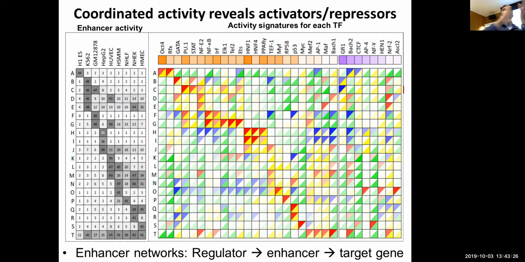So we're basically using all these correlations to infer basic biological principles and how they teach us about the circuitry of the genome. Everybody with me? Any questions?